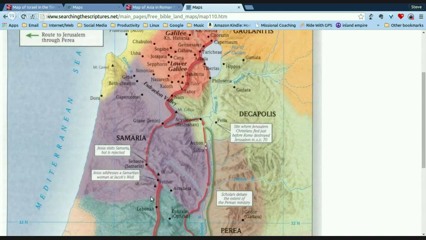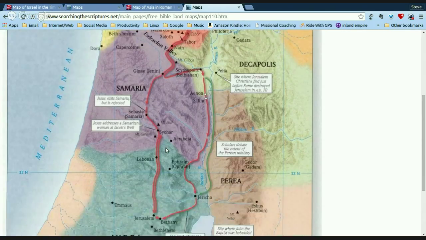This would be the bulk or the center of the northern kingdom of the Old Testament, 722, when Assyria conquered this section. They intermarried, and the Samaritans were considered by the Jews to be half-breeds.